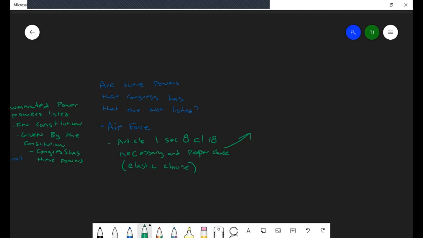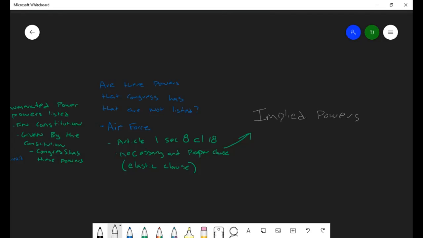Okay. With Article 1, Section 8, Clause 18, these are called, remember, the implied powers, because they are implied by the Constitution. They're not directly listed in the Constitution, but they are implied. The two examples I gave were the Air Force and creating a national bank.